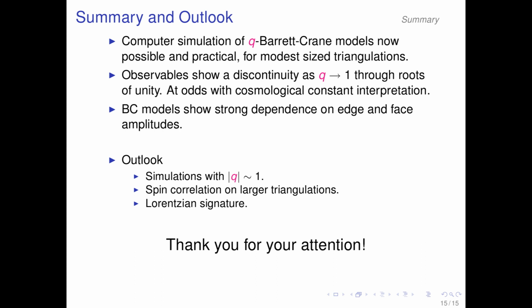I'm not sure. So this minimal triangulation has about 20 faces. If you look at the amplitude, it has a product of 6 10J symbols, which are similar to 15J symbols. So I'm not sure. Yes, a product of 6 10Js.